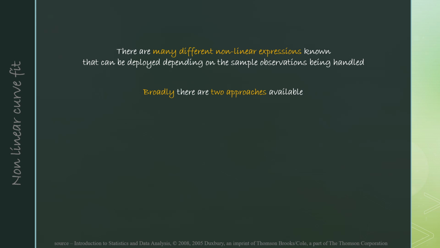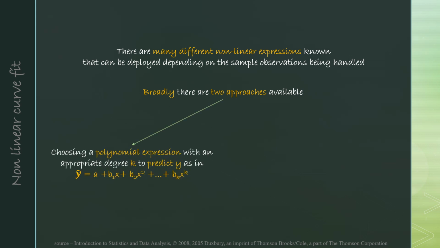Broadly, there are two approaches available. The first one is by choosing a polynomial expression with an appropriate degree k to predict y, as in y hat equals a plus b1 multiplied by x plus b2 multiplied by x square and so on until bk multiplied by x raised to the power k.